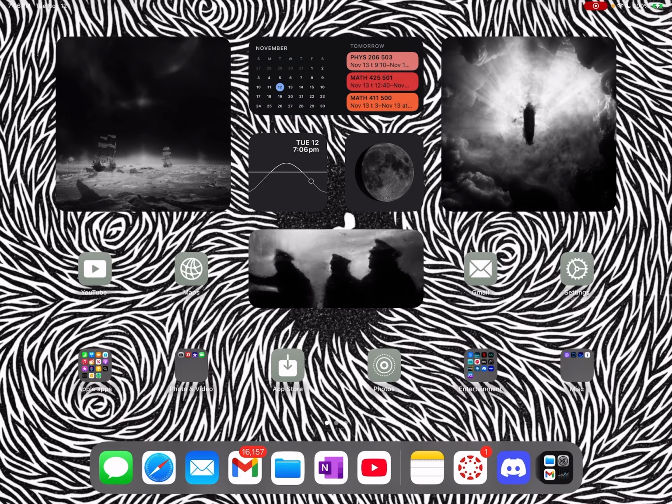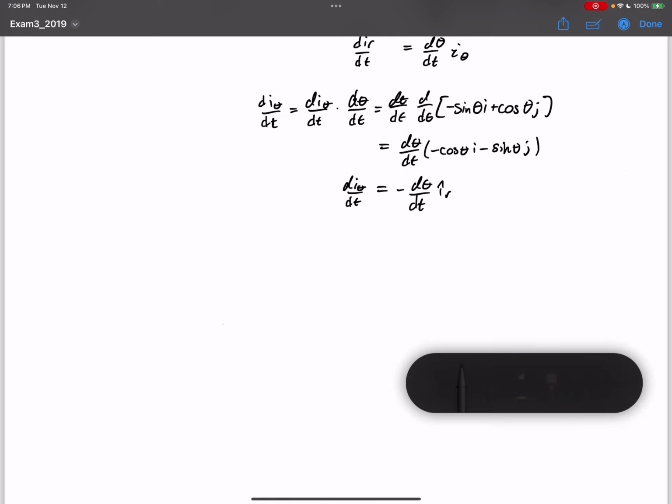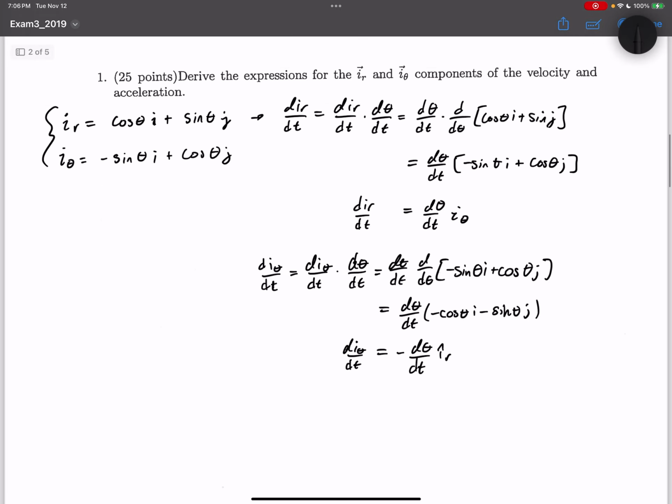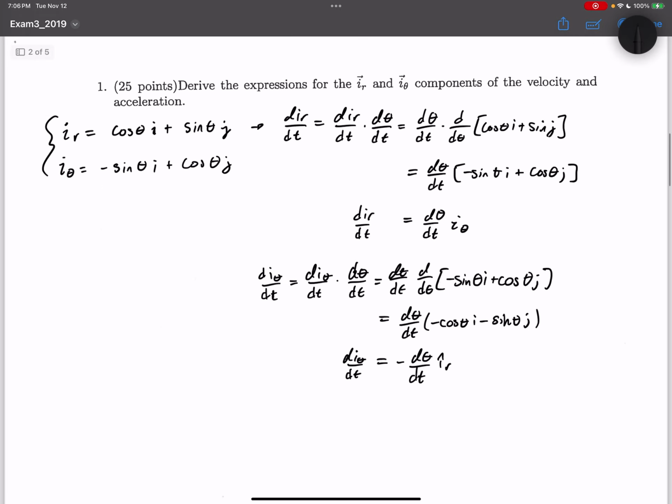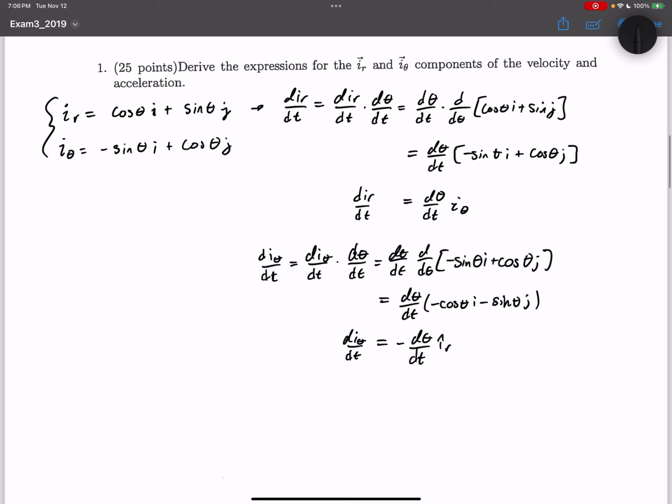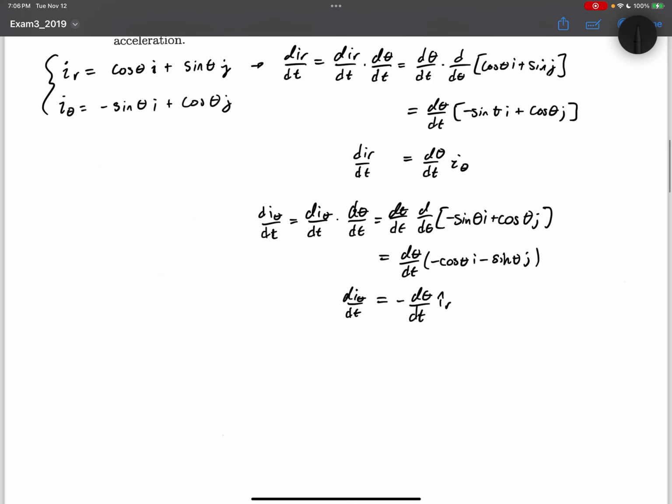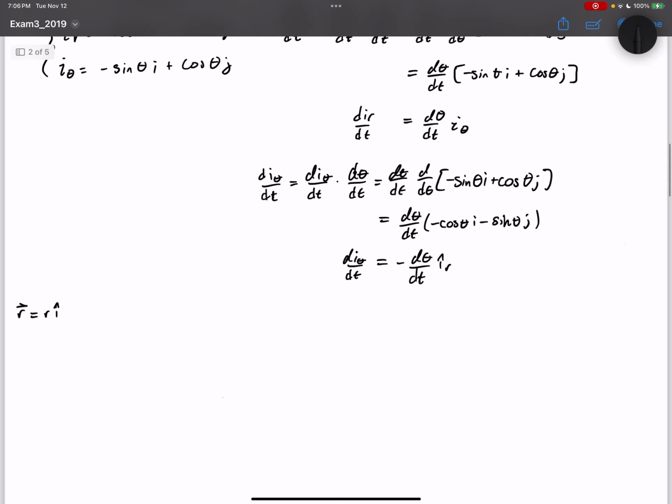That was embarrassing. All right, so we're going to take the derivative of the position, r i_r. Velocity is the derivative of position.